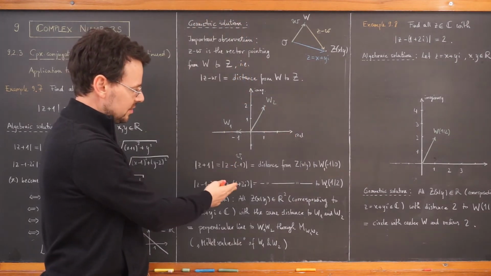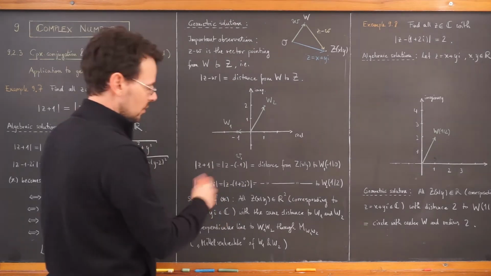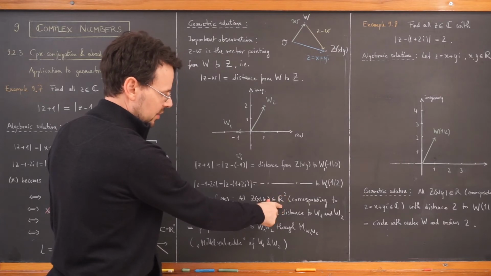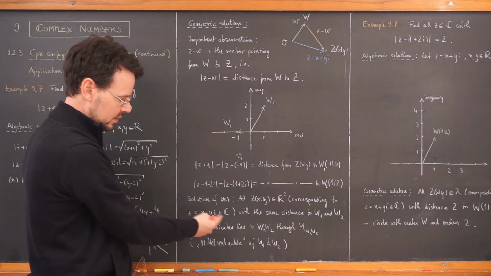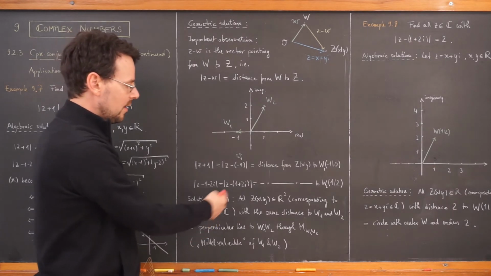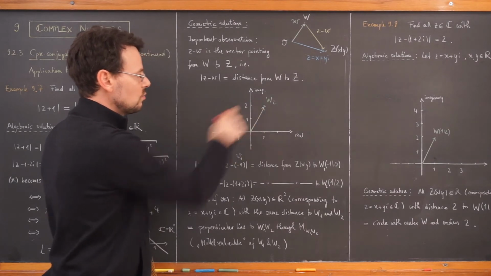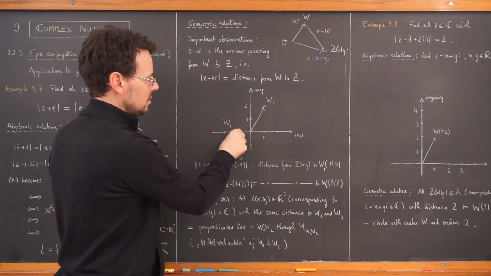And with this geometric interpretation, it's very easy to solve this equation, because what we're looking for are all the points in the two-dimensional plane, which, remember, correspond one to one to these complex numbers, that have the property that they have the same distance to these two points. An obvious solution would be here in the middle of these points.